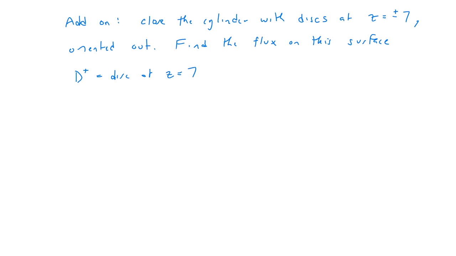And let's find the flow on that. And then we'll do the other disk. So do this using the method of 4.5 and then using the method of 4.6.